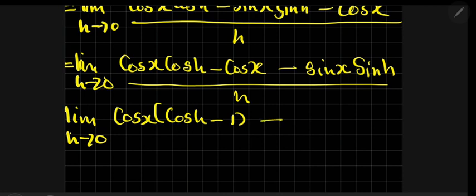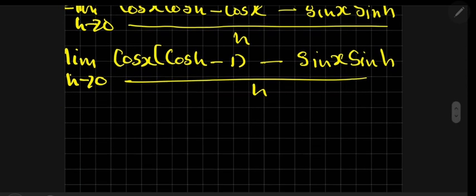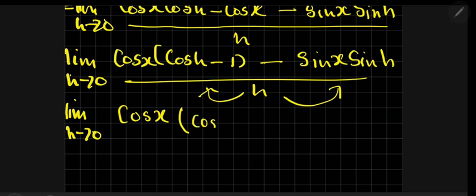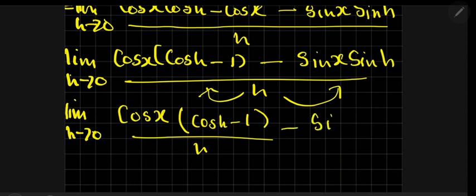Cosine h minus 1, and then we have sine x multiplied by sine h over h. Then we can split this fraction into 2. We'll have the limit as h is approaching 0 of cosine x multiplied by cosine h minus 1 over h, minus sine x multiplied by sine h over h.